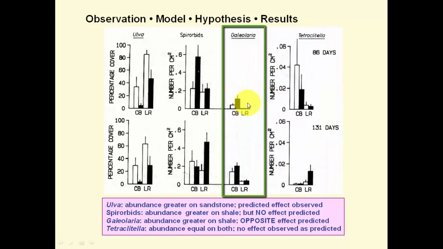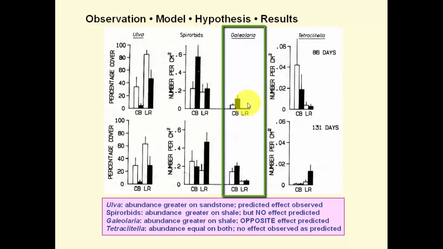Well, at 3 months, nothing arrived at Long Reef, but some did turn up at Cape Banks. Now, 0.2 per square centimetre doesn't sound like much, but these rocks here are 30 to 40 centimetres in diameter, so there's a reasonable number of these animals arriving on the rocks. But, contrary to expectations and predictions, there's statistically significantly more on the shale.